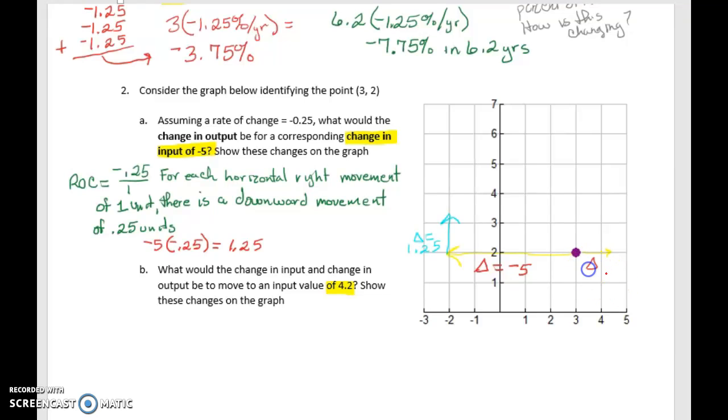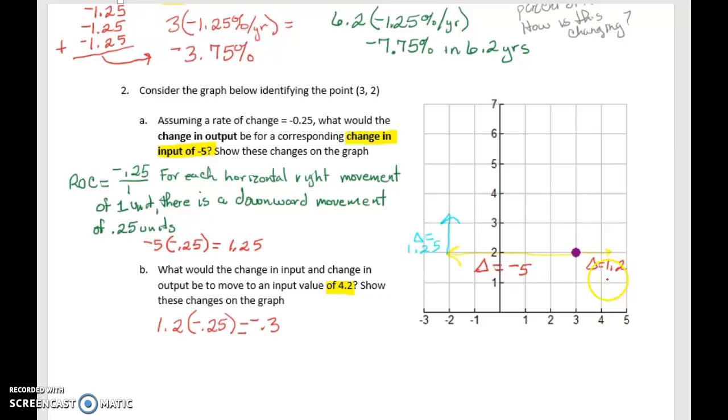That change in input value, well, we moved 1.2 units to the right. So if I'm going to move 1.2 units to the right, I'm going to add negative 0.25 plus 2/10 of that. Or if I just multiply those two values together, I'm going to end up with a value of negative 0.3.